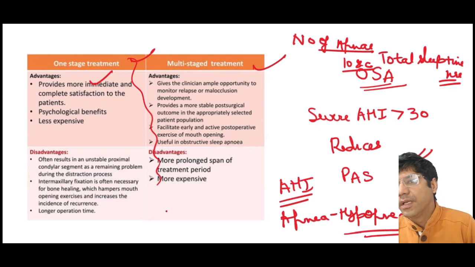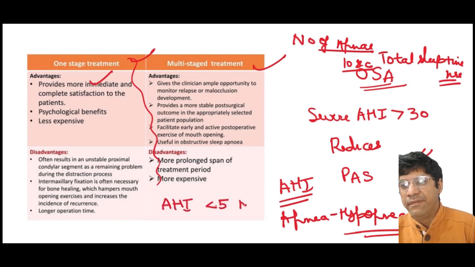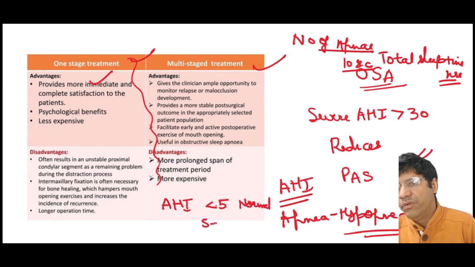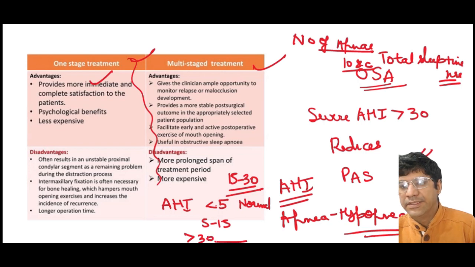So remember, an AHI of less than 5 is normal, 5 to 15 refers to mild sleep apnea, 15 to 30 refers to moderate, and greater than 30 is severe sleep apnea.